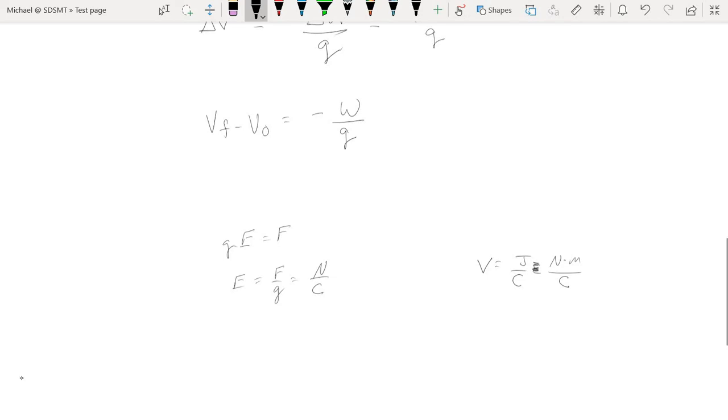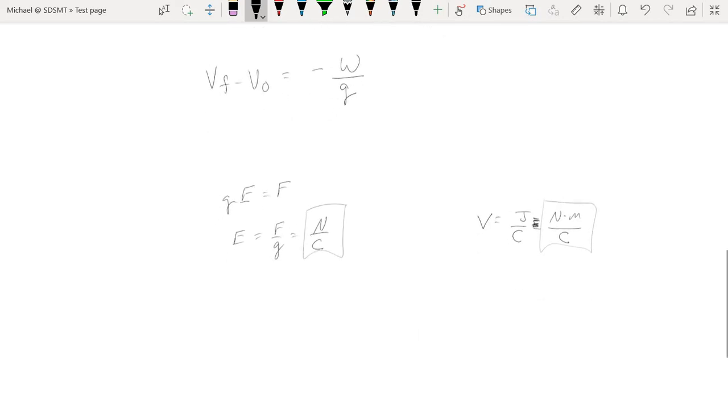So the unit for a volt is not that far off from the unit that we're currently using for the electric field. The only thing that we're missing is a meter unit.